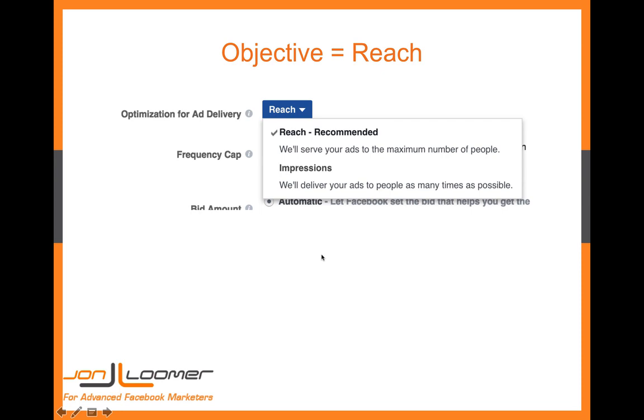Okay, so just a couple examples of what I'm talking about. Once you've selected reach as your objective, for example, you have certain optimization options. In this case, your only options for that objective are reach and impressions. As I said before, there's a difference between the two. Reach is trying to show it to the maximum number of people you can, whereas impressions is just trying to show the ad to as many people as many times as possible.